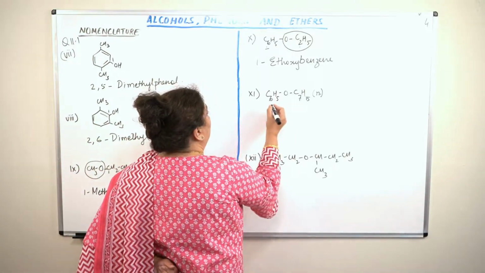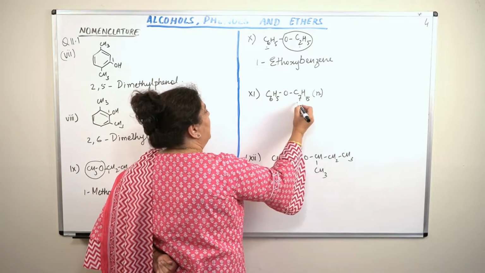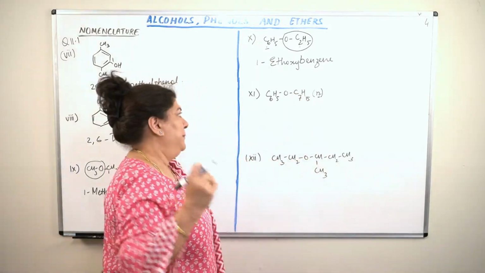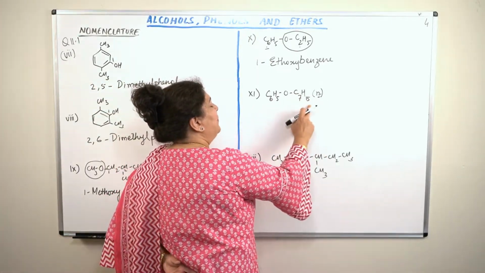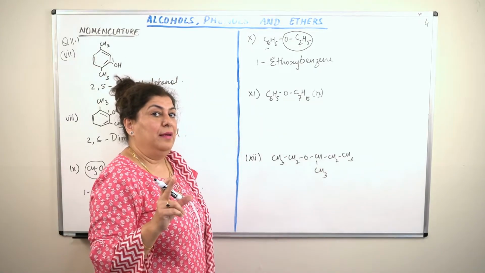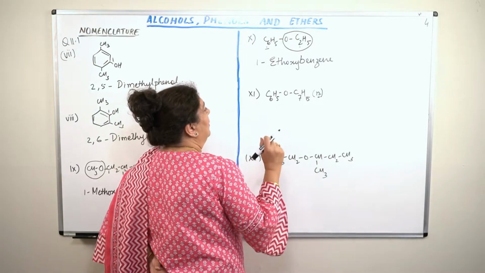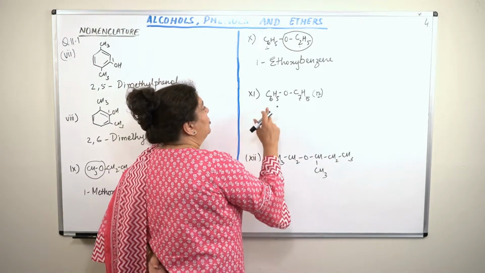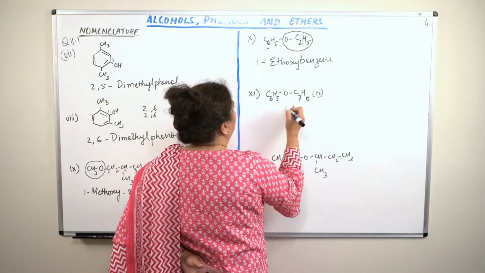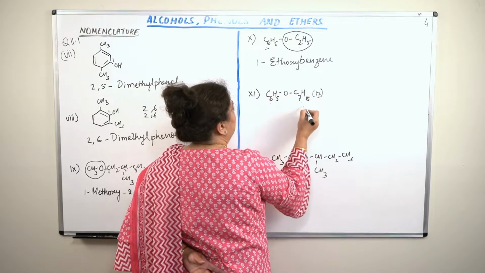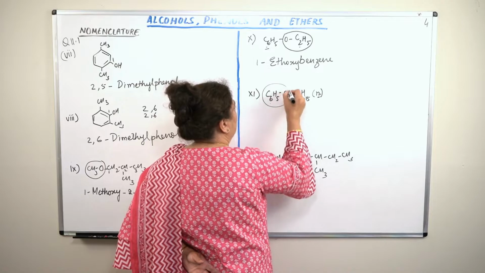This compound now, this has benzene here and it has C7H15 normal. Normal means a straight chain. So C7H15 is heptane or the heptyl group, and this is the phenyl, sorry. So since this has 7 carbons, this has only 6, this becomes the parent and this becomes the substituent.